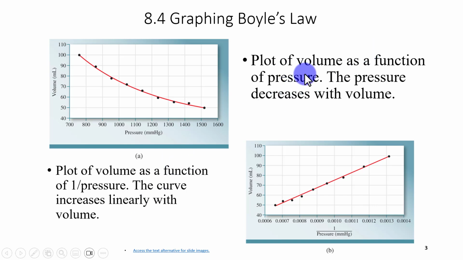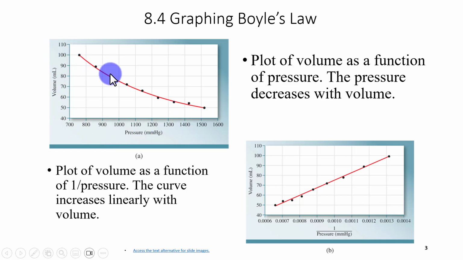Now, if I were to plot the volume of a gas as a function of pressure, so V versus P, not the inverse, you can see that the pressure decreases with volume. So if this is my pressure, that's my volume.